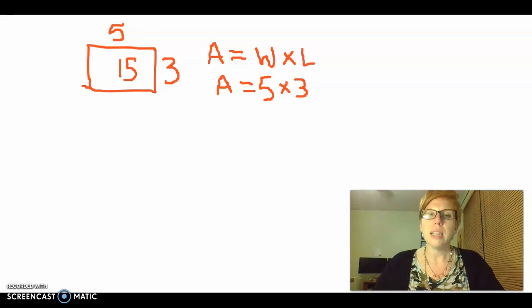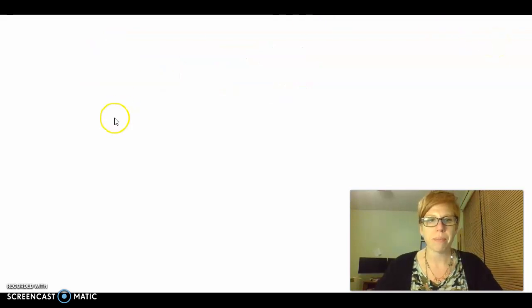All right. Today, though, what we are going to do is I'm going to give you an area, and you are going to decide how wide and how long the shape is going to be. So let me clear my writing here.